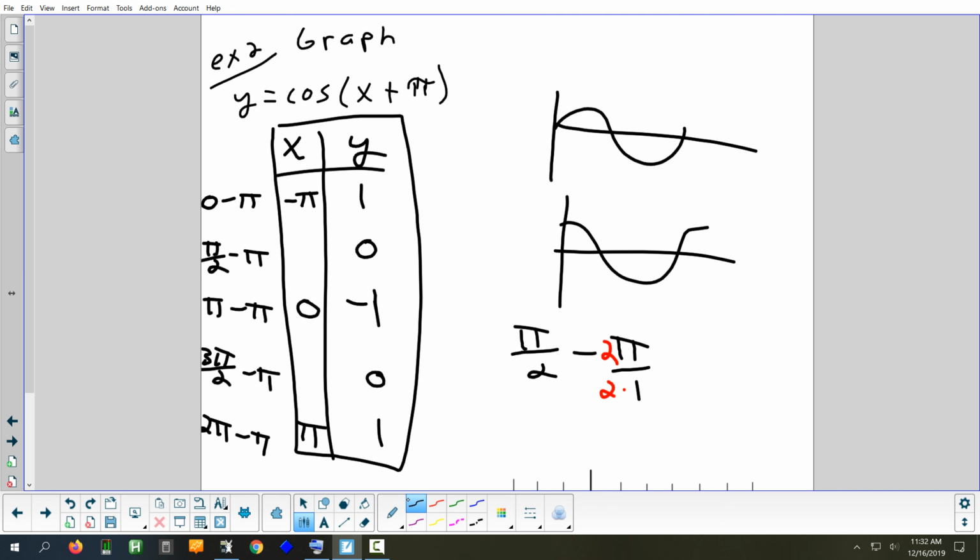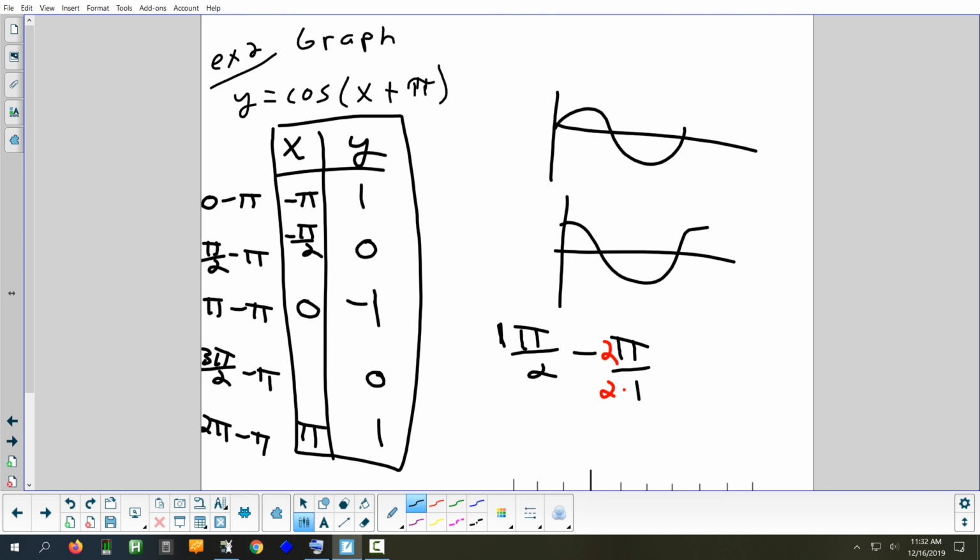So when we subtract, does the denominator change? Right, the denominator stays the same. So 1 pi over 2 minus 2 pi over 2 is negative 1 pi over 2. How about the next one? What's 3 pi over 2 minus pi?